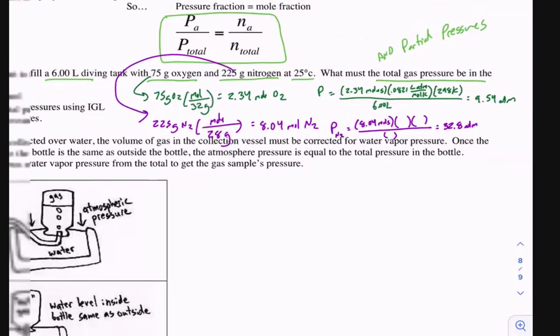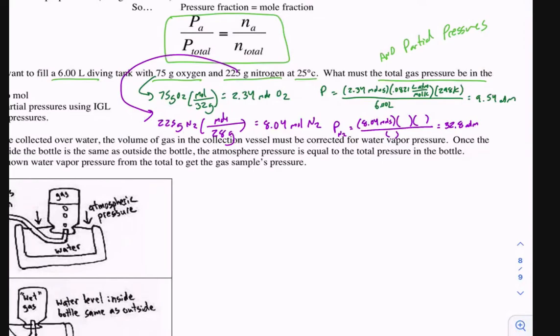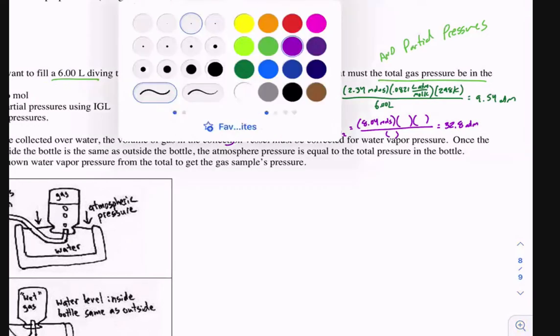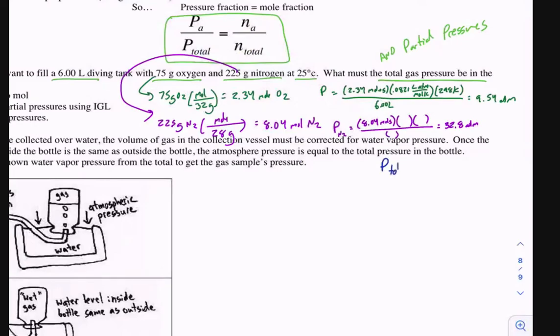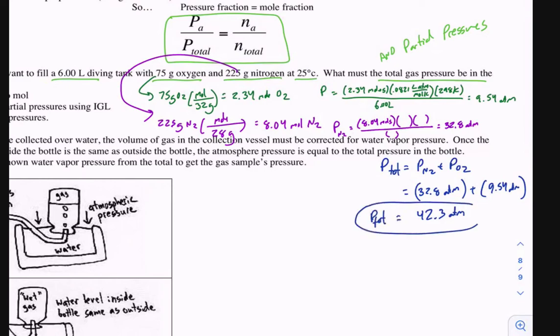All right, so we've got our partial pressures, and so they want to know the total pressure. So P total, 42.3 atmospheres.